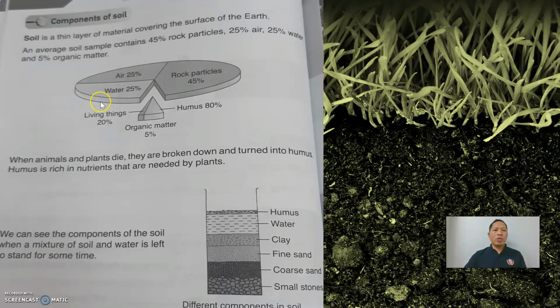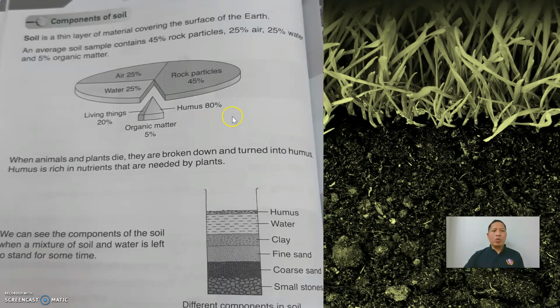Air, rock particles, water, living things, organic matter, and humus. These are the soil sample. An average soil sample contains different percentages. Now, how many percent of humus? That is not 80%.